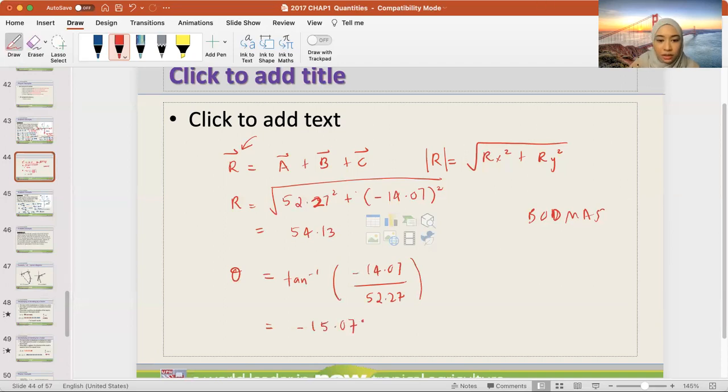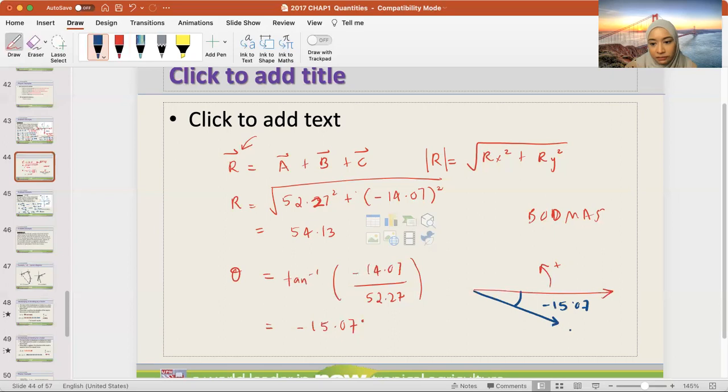So what can you say about this angle if it's negative? I think we have talked about this. Positive angle versus negative angle. I have an x-axis. Going up is positive. What does negative mean? Going down. Yes, the angle is somewhere below here.